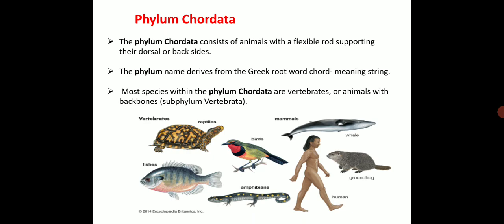Most of the species within this phylum Chordata are vertebrates, animals with backbones, which are considered to be in the subphylum we call Vertebrata. Examples of chordates or vertebrates are reptiles, birds, mammals, whales, amphibians, humans and fishes, all of which come under the phylum Chordata.